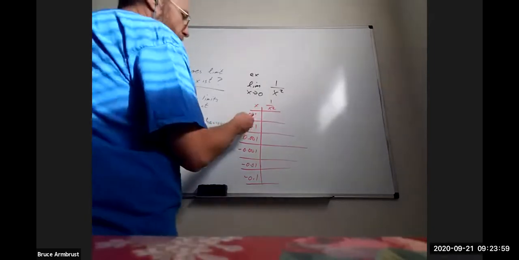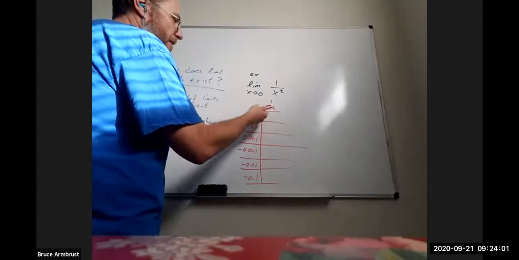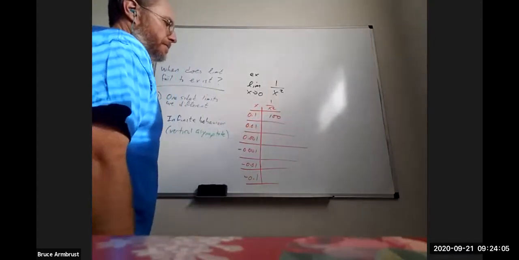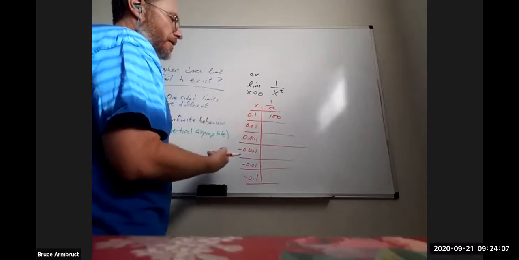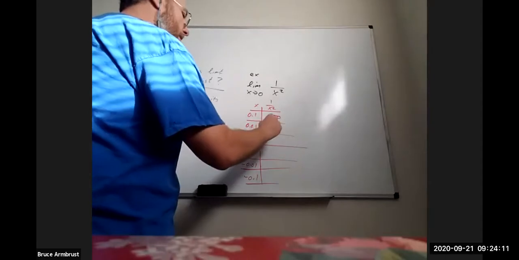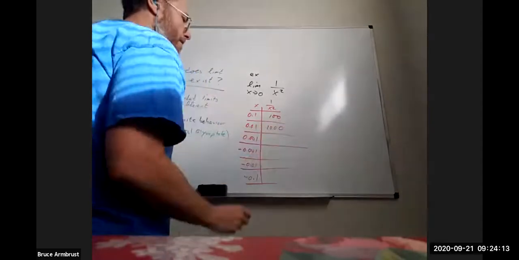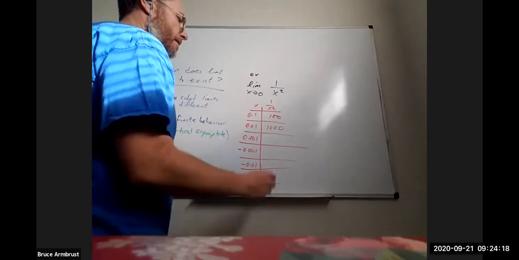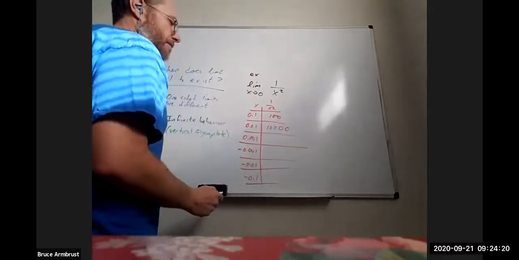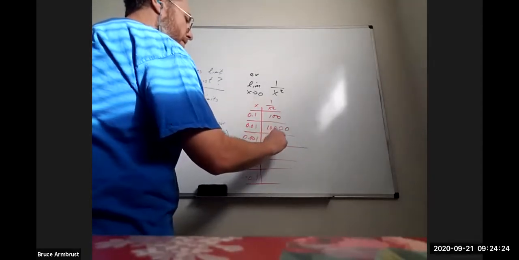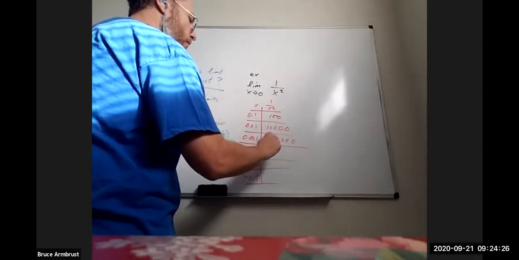If I take 0.1, put it in here and square it, I get 100. So 1 over 0.1 quantity squared is 100. If I go to 0.01, I get 10,000. If I put in 0.001, I get 1 million.